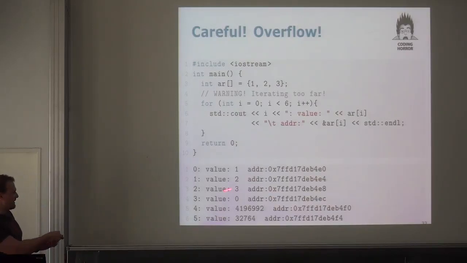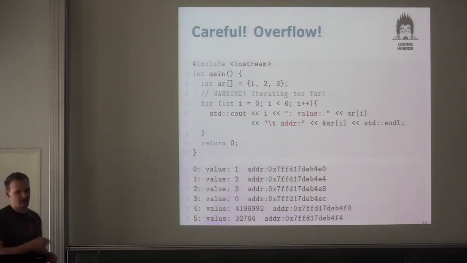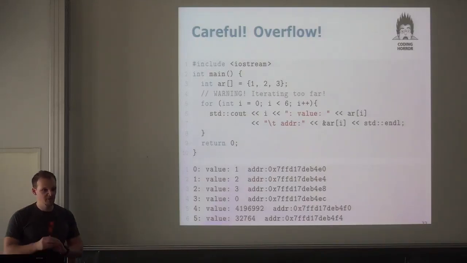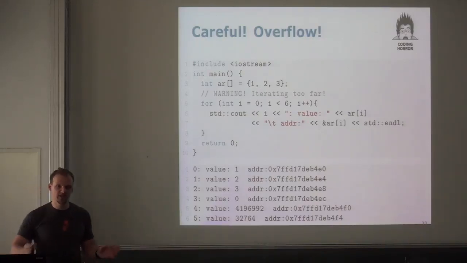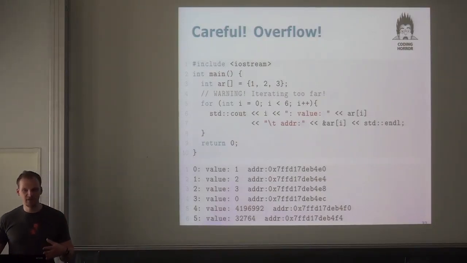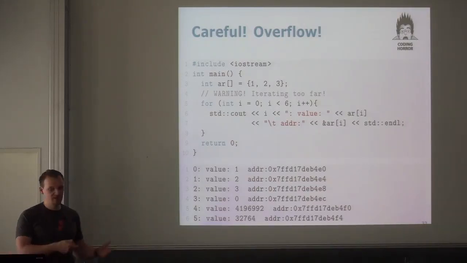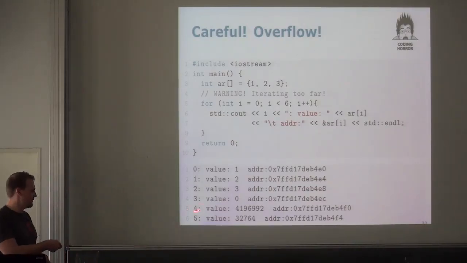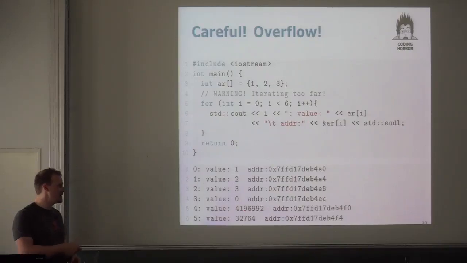Good, so everything is good until this point, but then suddenly we try to get a value that is not in our array anymore, but the program will not stop. It will not tell us that we're doing something wrong. It usually will just continue going, and it will try to interpret whatever there is as an integer, and by chance it would be a 0. Then the 4th element will be whatever this number is, and then the 5th one will be something like this.